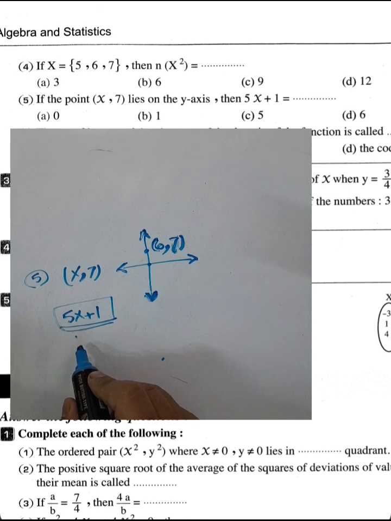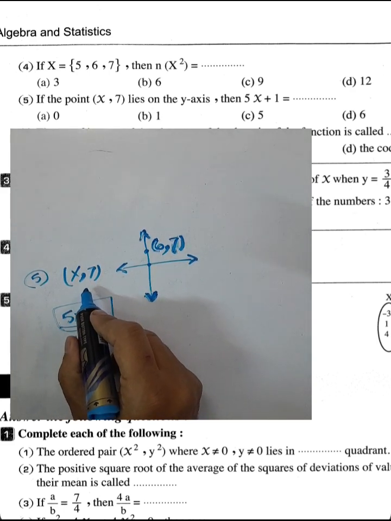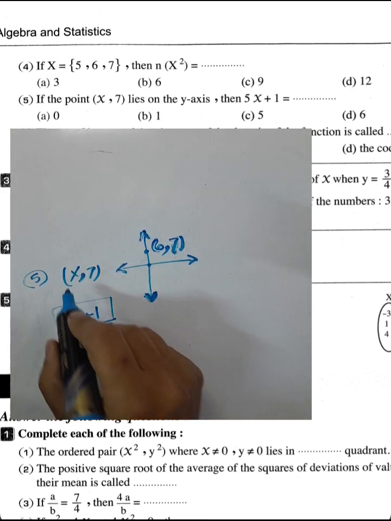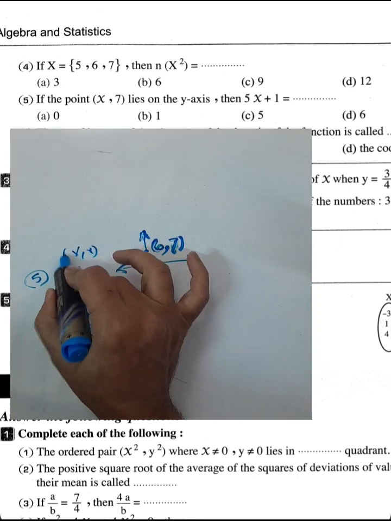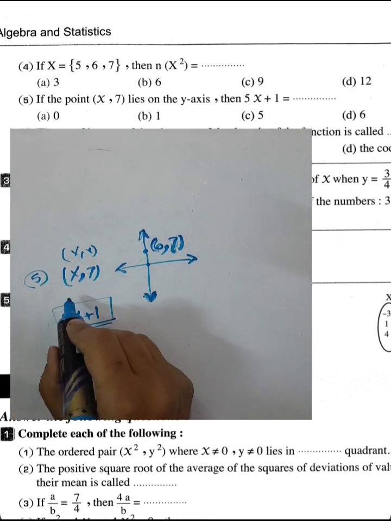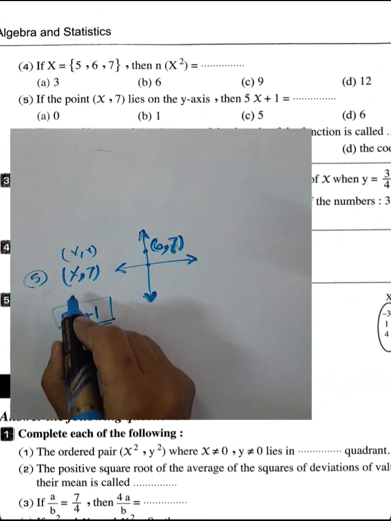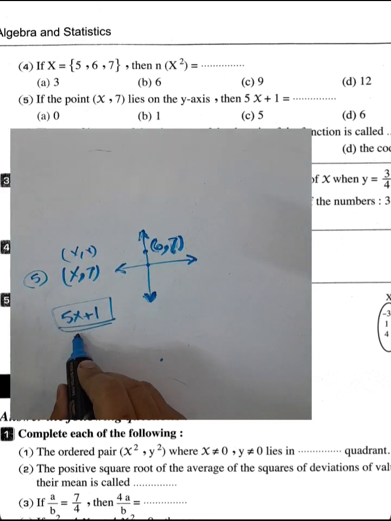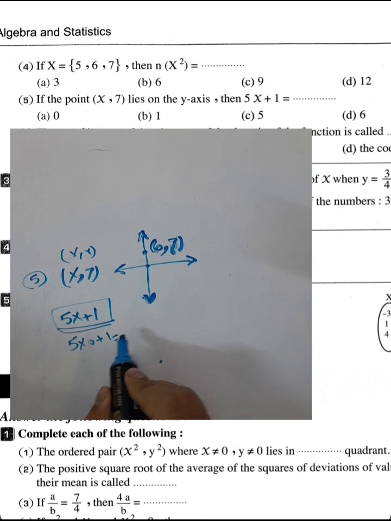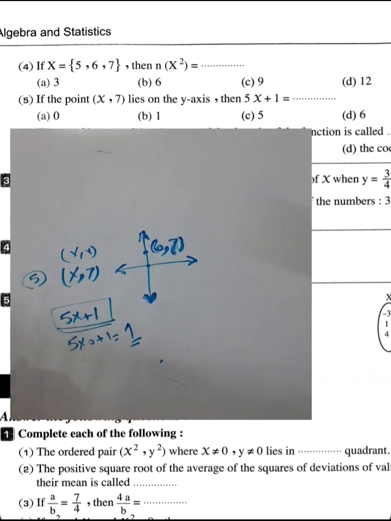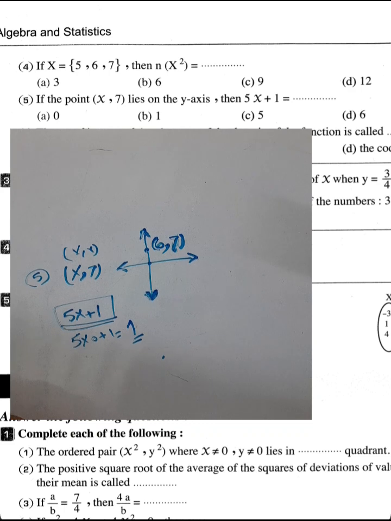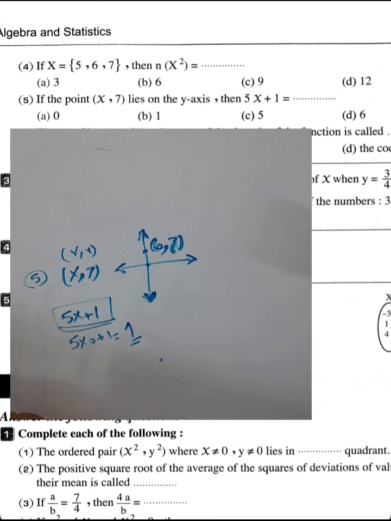We have (x, 7) lying on the y-axis, so x equals 0. Put x equals 0, then 5 times 0 plus 1, the result will be 1. Then the value of the expression will be 1, because the point (x, 7) lies on the y-axis.